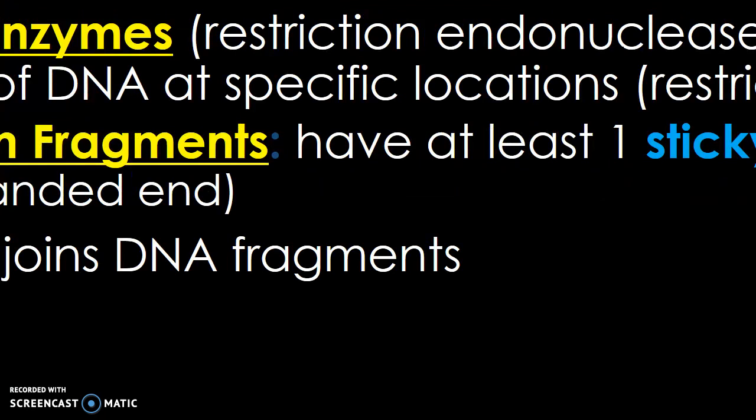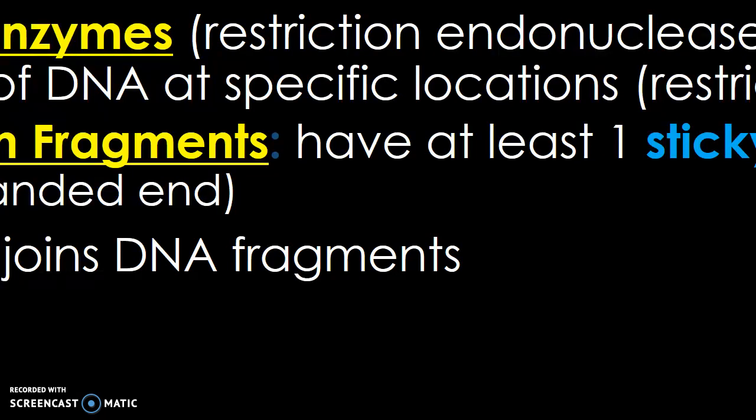Okay, some tools that genetic engineers use are restriction enzymes. And we learned about enzymes previously. And remember, enzymes are proteins. So the restriction enzymes, also called restriction endonucleases, are used to cut the strands of DNA at specific regions that we call restriction sites. So they can be programmed to cut a specific place in the DNA. And the restriction fragments are the result of those cuts.